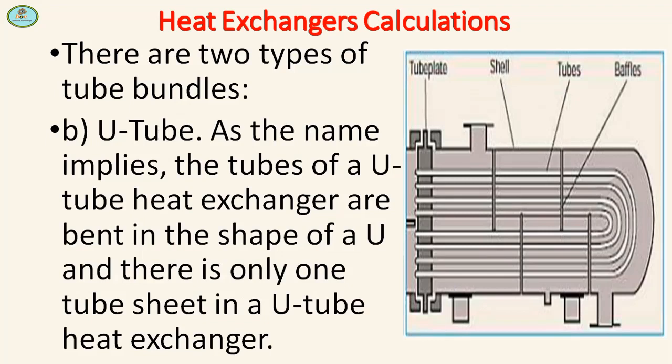As the name implies, the tubes of a U-tube heat exchanger are bent in the shape of a U and there is only one tube sheet in a U-tube heat exchanger.